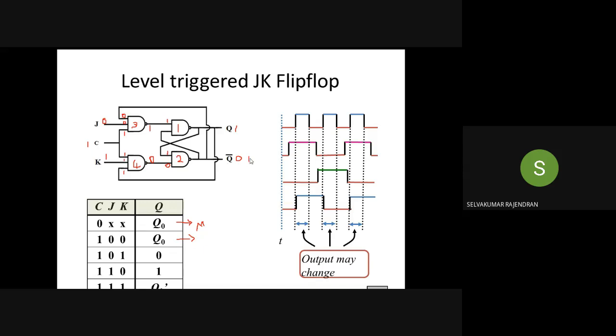This logic 1 is applied to NAND gate 1. NAND gate 1 having 1 1 on both the inputs produces 0. So for the input combination 0 1, Q goes to 0, Q bar goes to logic 1. If the output Q is 0, that means reset condition. Here you can observe the reset condition.